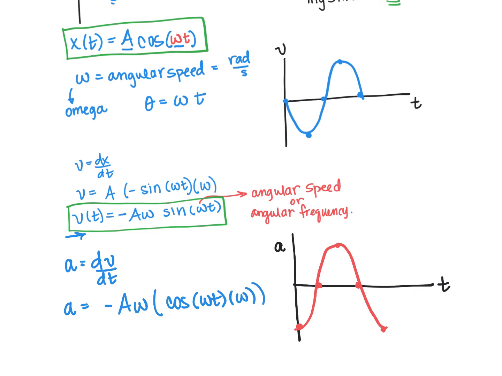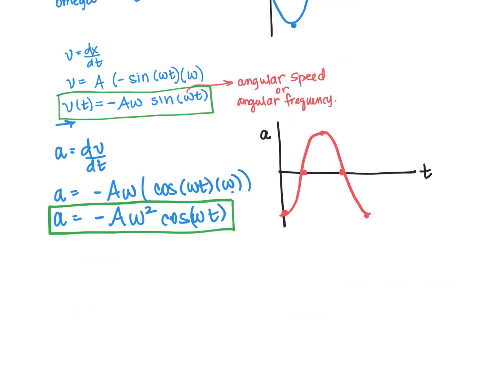And so a is equal to negative amplitude A omega squared times the cosine of omega t. This negative sign is in line with the negative sign here, and it all matches up.